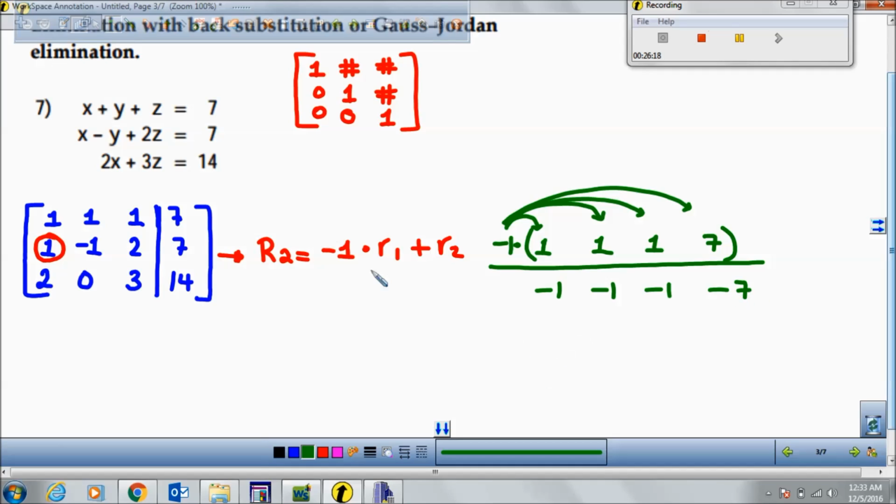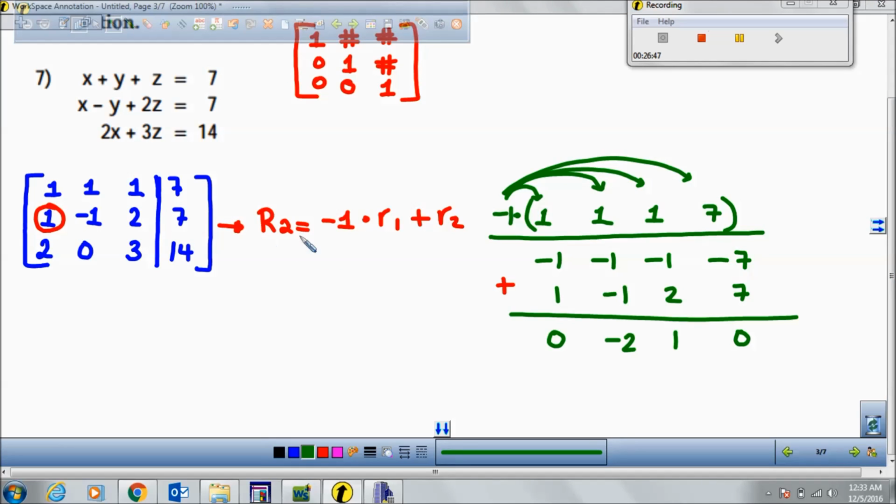The rule says then to add every number that is in row 2. So 1, -1, 2, and 7. And then we're going to add them up. So all these numbers that I just wrote are the numbers in row 2. So this is going to be -1 plus 1, 0, -1 plus -1, -2, -1 plus 2, 1, -7 plus 7, 0. These are the new values of row 2.